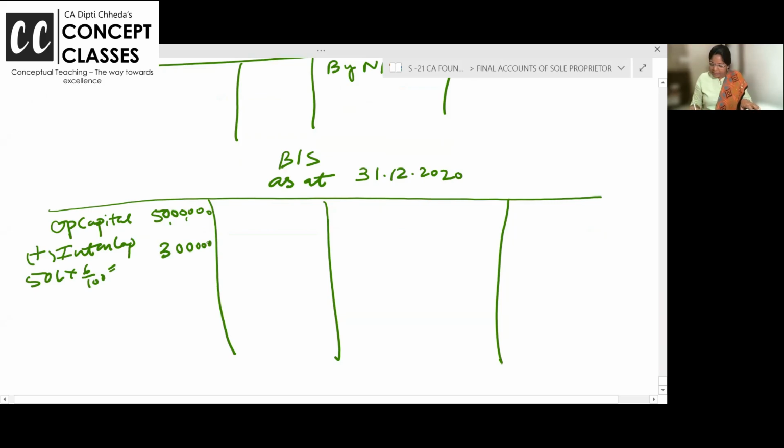Depreciation on plant and machinery. Write down plant and machinery in the inner column, 30 lakhs, minus depreciation 3 lakh, 27 lakhs. Each and every concept should be crystal clear.